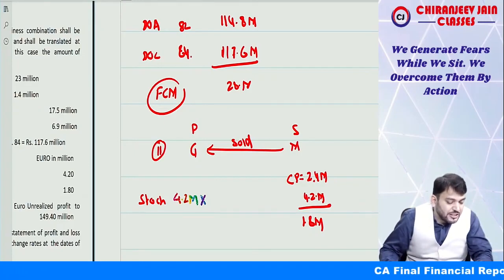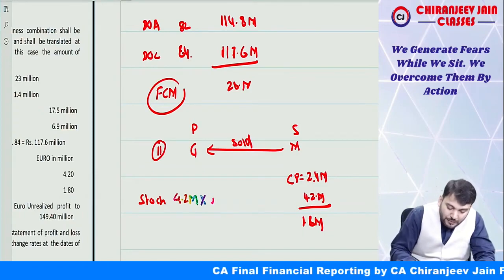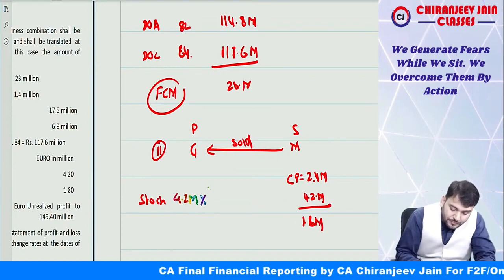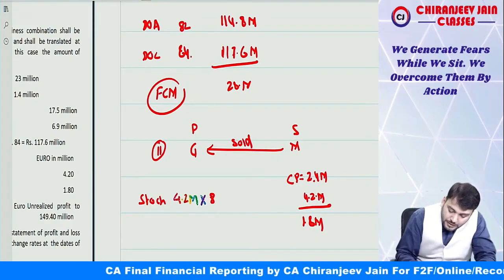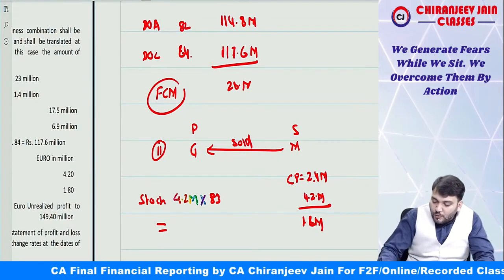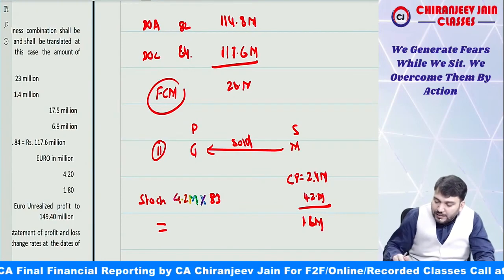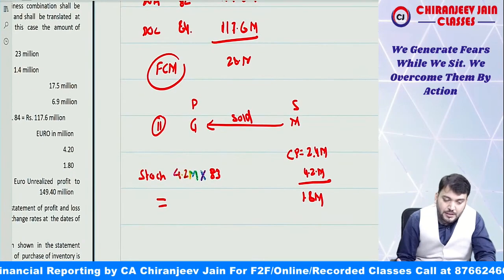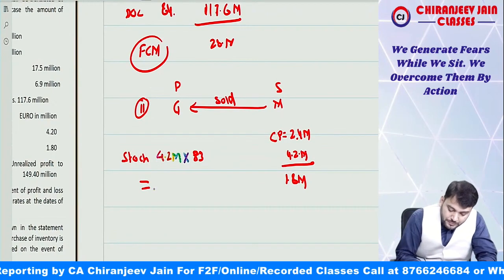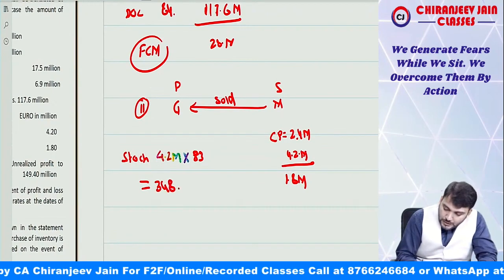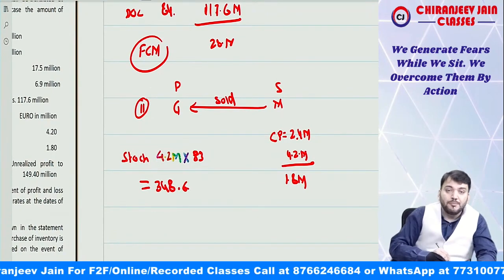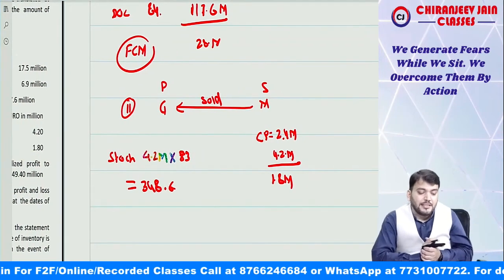The exchange rate on the date of purchase was 83, so they will use 83. So 4.2 into 83 is 348.6. Any doubt in this?